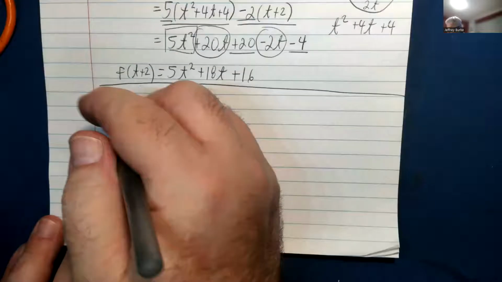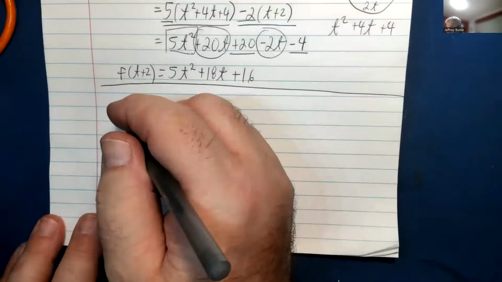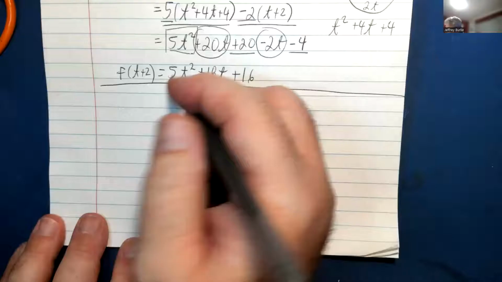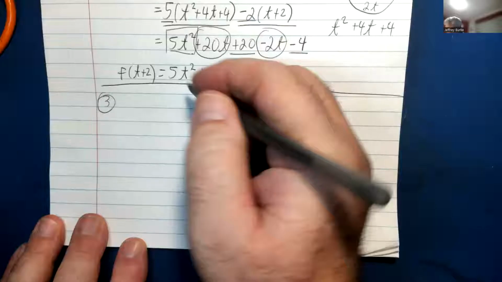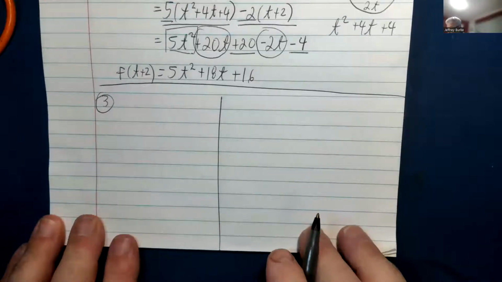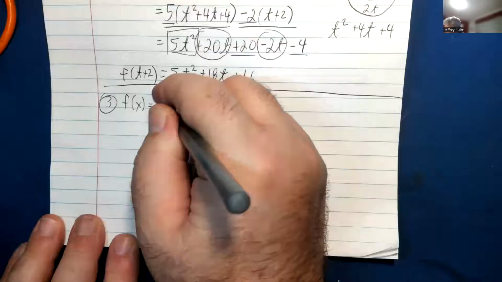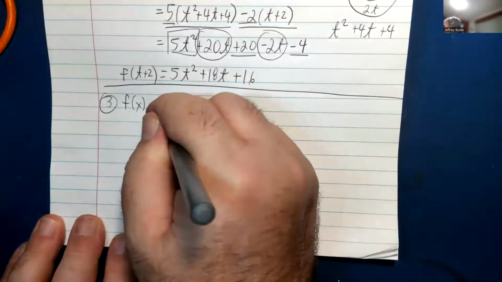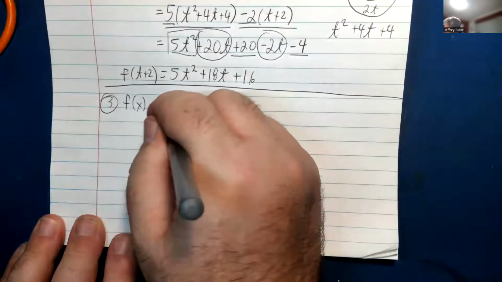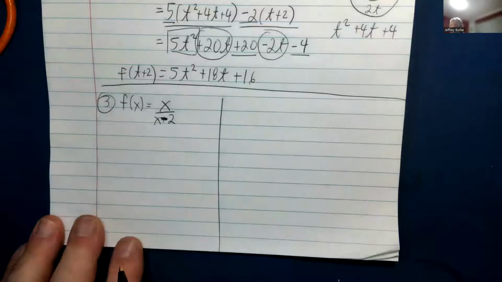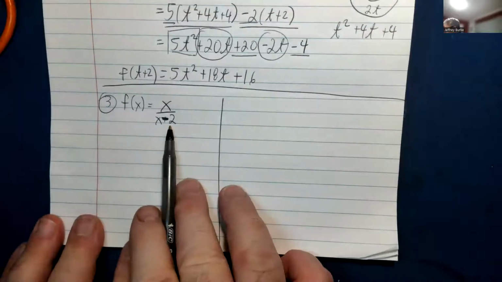Going on to question 3. In questions 3 and 4, they're asking you to find the domain. So we're going to take a look at 3 and 4 on each side of the page here. In the case where we have f of x equals x over x minus 2, what is likely to restrict the domain is this fraction.